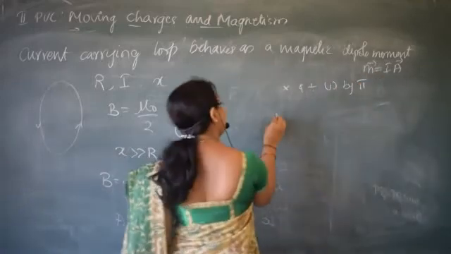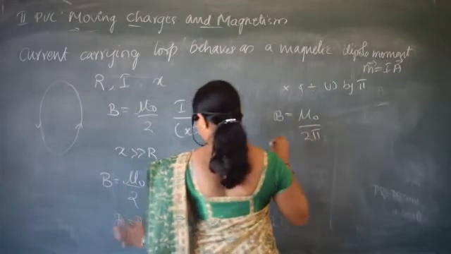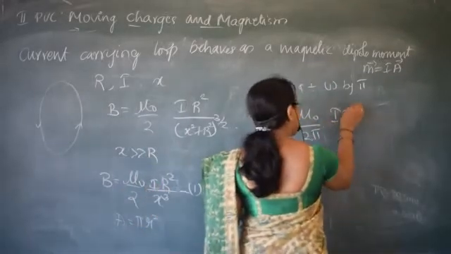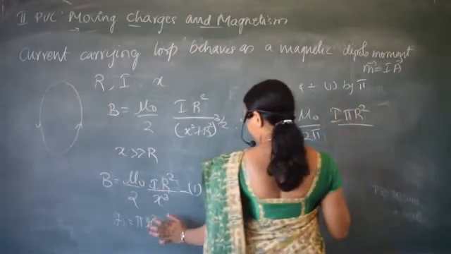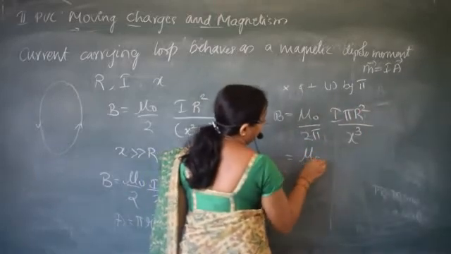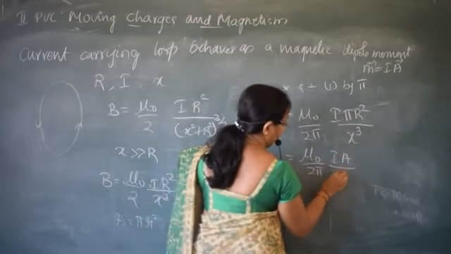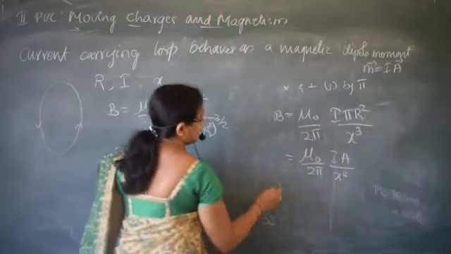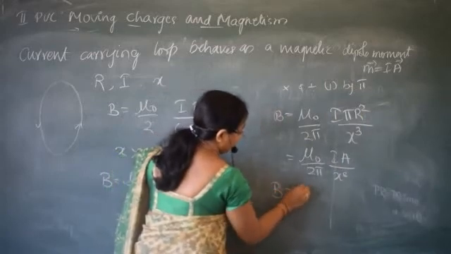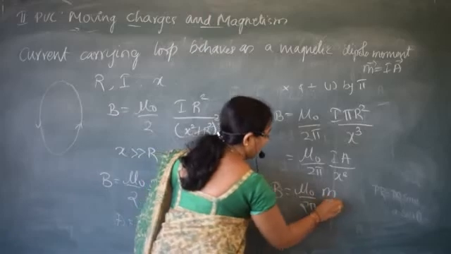So we get B is equal to mu naught by 2 pi, I pi r square by x cube. So we can write mu naught by 2 pi, I A divided by x cube. I into A is nothing but m. So B is equal to mu naught by 2 pi, m by x cube.